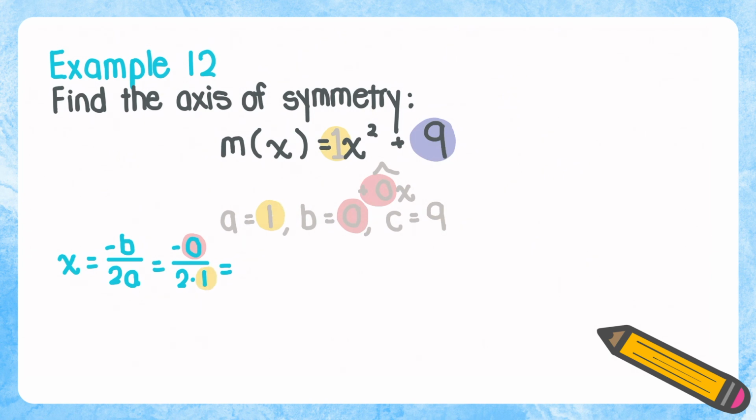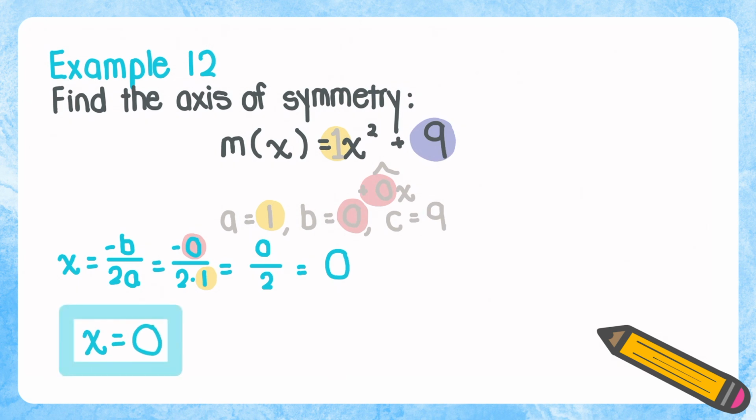So negative 0 is the same thing as just writing 0. And we divide that by 2 times 1, which is just 2. But 0 divided by anything is always 0. So our axis of symmetry is x equals 0.